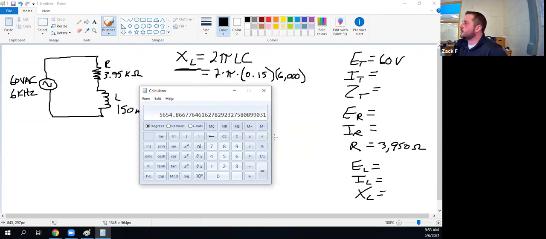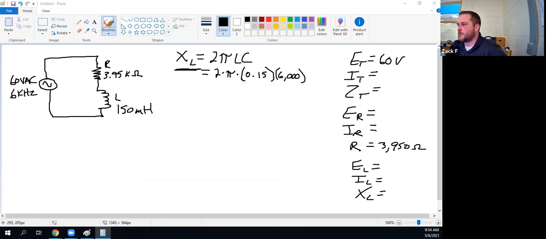I almost said it. This is the reactance, right? So it's an ohmic value. 5,654.87 ohms.